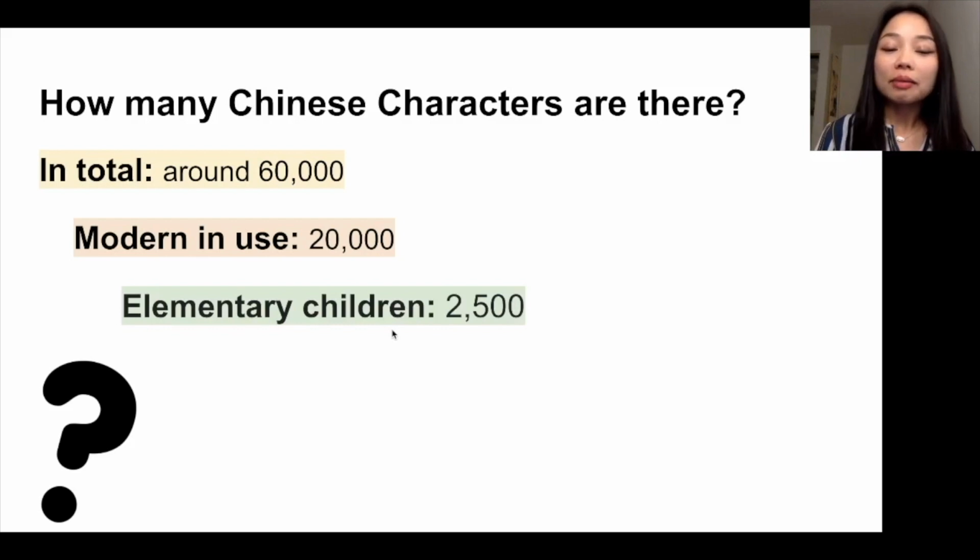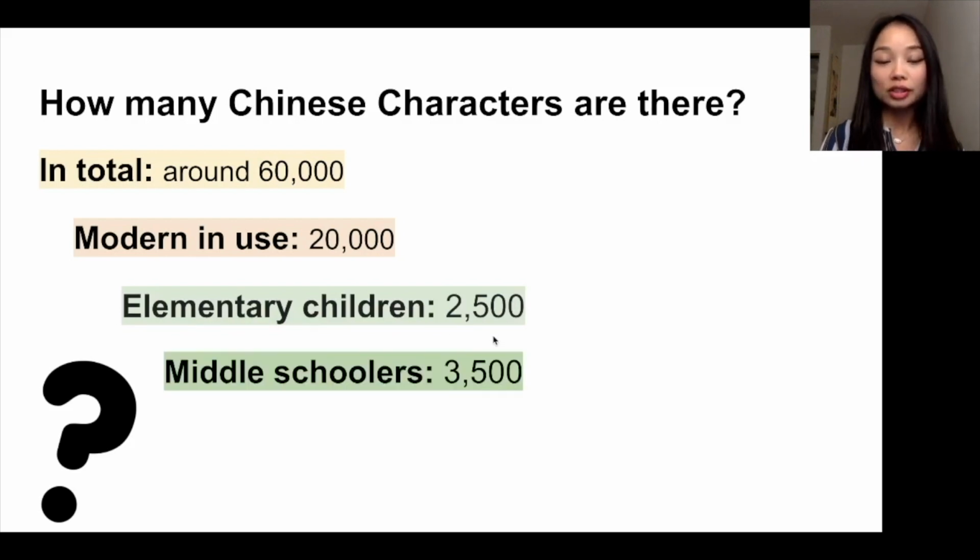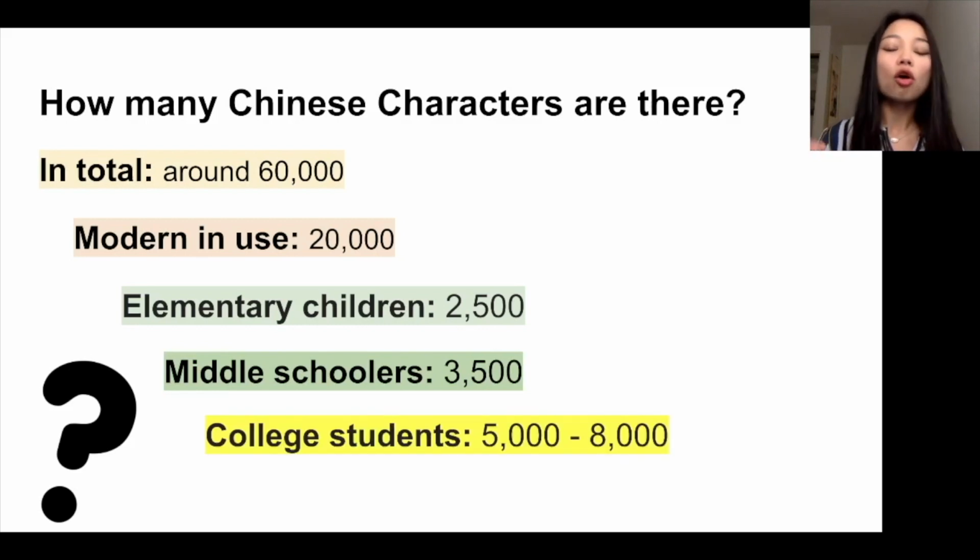All elementary students in China will know 2,500 characters. Middle schoolers will learn 3,005 characters. A typical college student will be able to read 5,000 to 8,000 characters.